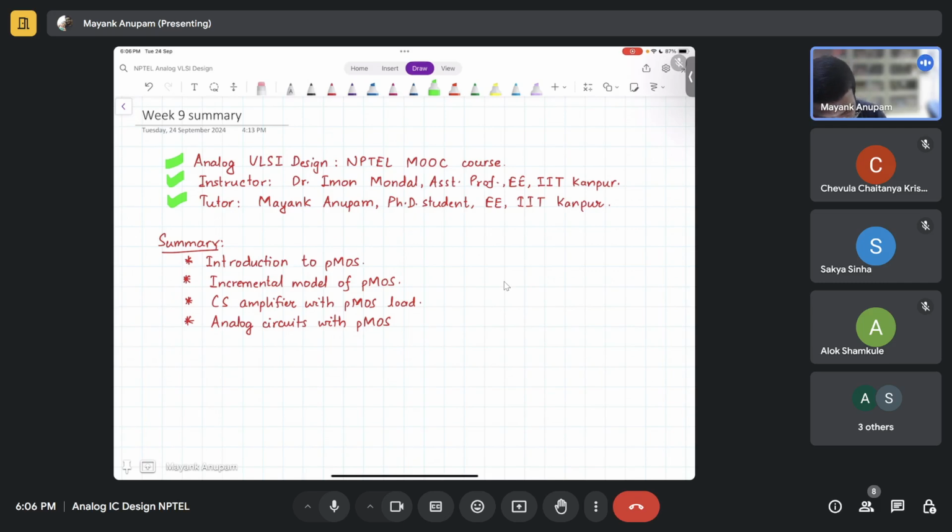How do we design a small signal model for it? After that, we saw how to build a common source amplifier with a pMOS load. We also saw some other circuits with pMOS. In the assignment for week 9, you must have seen all the circuits are for pMOS only. So today we'll be solving a couple of problems which will help you understand how to deal with pMOS and NMOS both when you have them in the circuit.